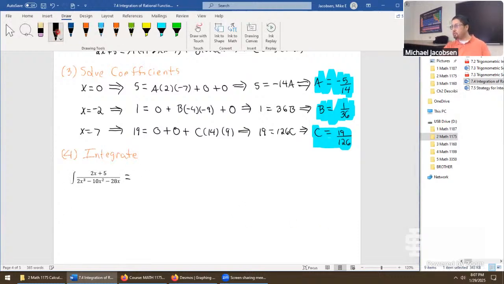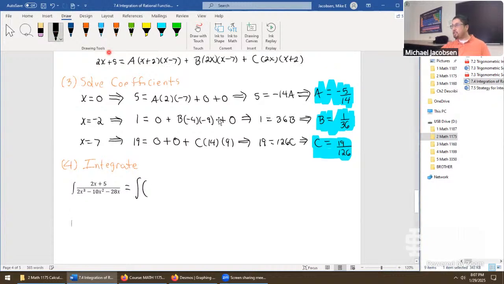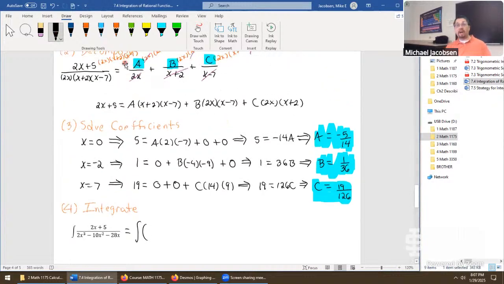We're setting it equal to the antiderivative of, you want to look back up here in step 2, the form of your decomposition, because all you're doing is plugging in values where a, b, and c are. So for a, it's -5/14 divided by 2x. Even though we visualize canceling here, that was just to get to this equation to solve coefficients. We still go back to this and use it in this format.